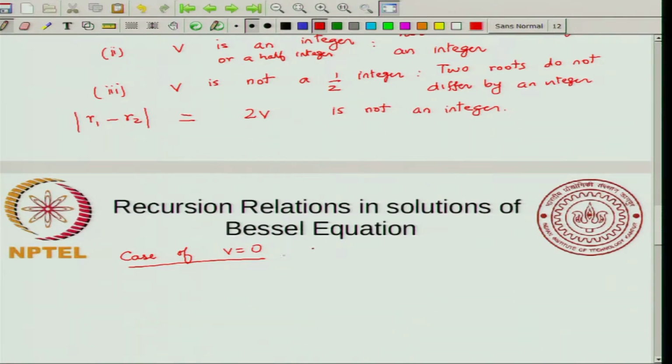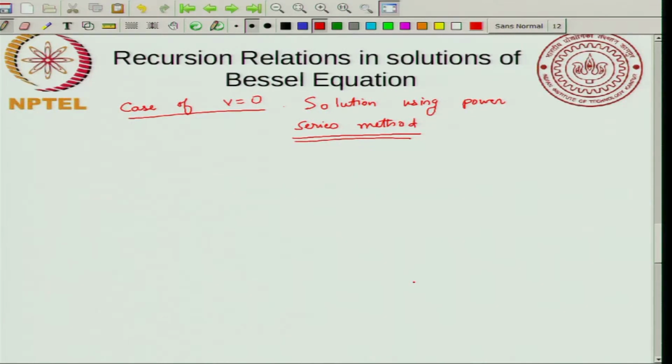We will see the properties of this. I will just mention one property. The solution using the power series method turns out to be a convergent power series.